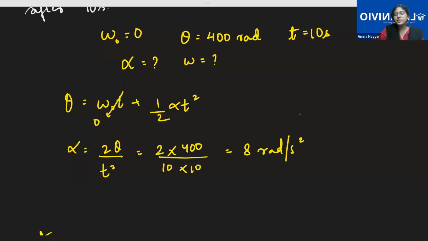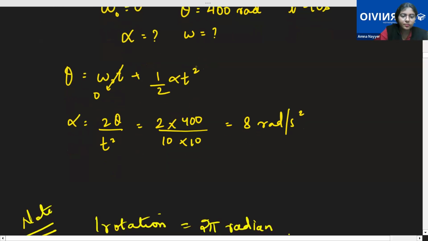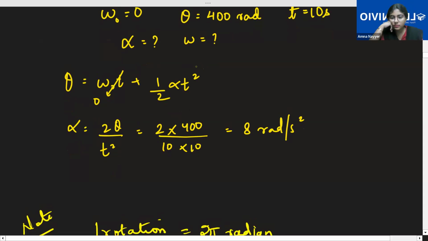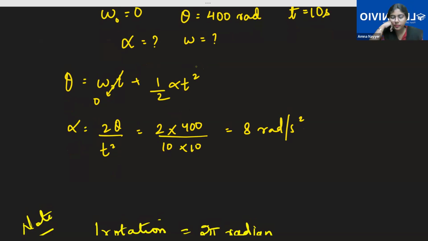And for the next equation, Sanidhi, for omega, omega is equal to omega naught plus alpha t.